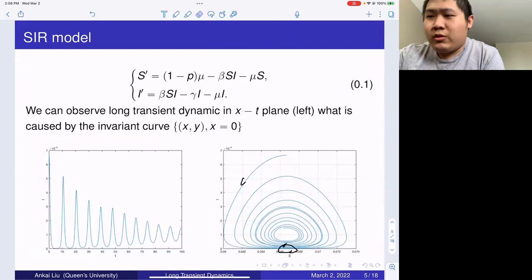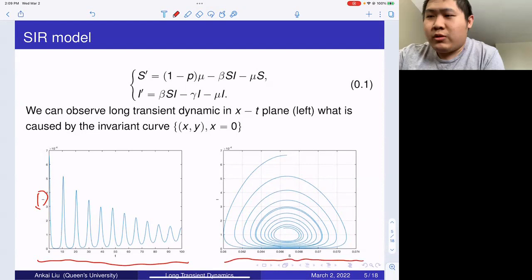Another example is the SIR model, which some of you might be interested in. Again, the quantity we are interested in is the infected population, so we look at the I-t plot. I also give you the phase plane diagram.